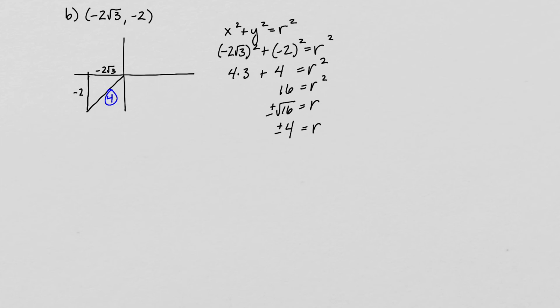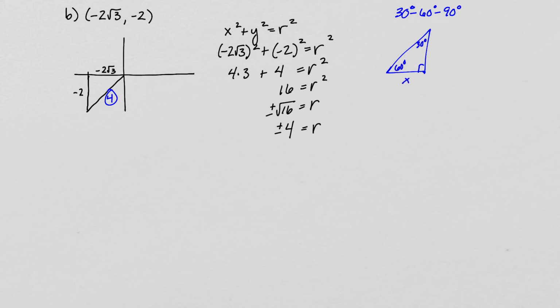And then if you look at it, remember we had the 30, 60, 90 triangle. In the 30, 60, 90 triangle, the relationship is the following. Let's say this is the 60 degrees, this is the 30 degrees. The side across from 30 is x.